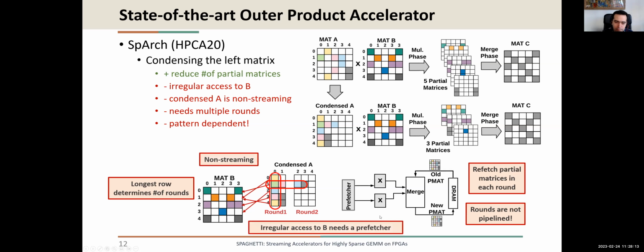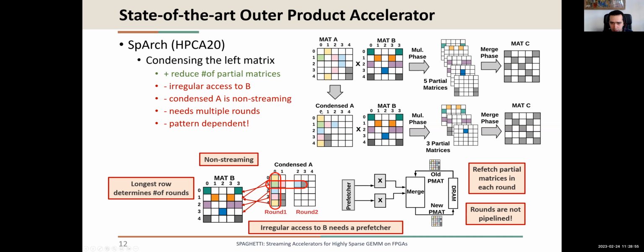And maybe the most important challenge with this approach is that when you condense the left matrix A to the left, now you will have non-contiguous memory accesses, because now you need to read the values in a different format, and you have to fetch the corresponding rows from matrix B again in a different format. In a regular outer product, you take column 0, you need row 0 of matrix B, right? Then you take column 1, you need row 1.